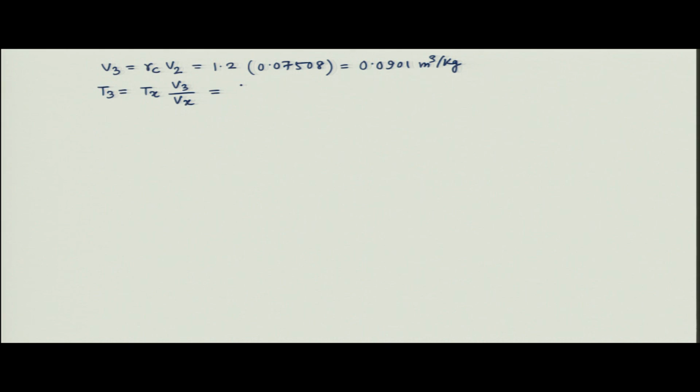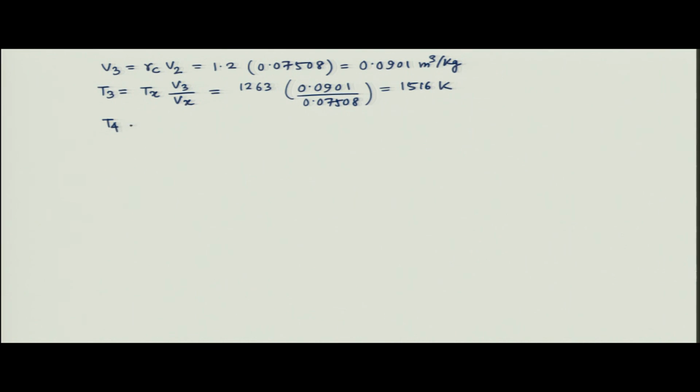So, Tx was 1263 Kelvin and V3 upon Vx is nothing but V3 we have already calculated, 0.0901, and Vx is 0.07508, which is basically 1.2. So, you can find T3 as 1516 Kelvin.